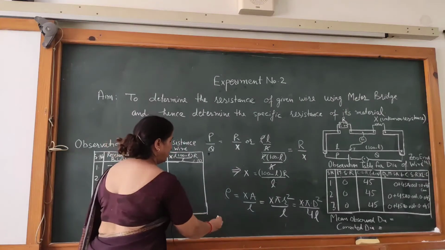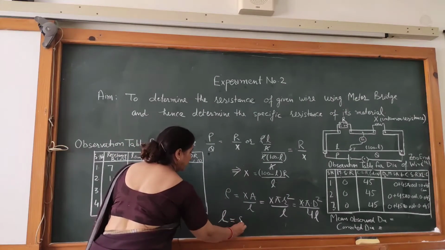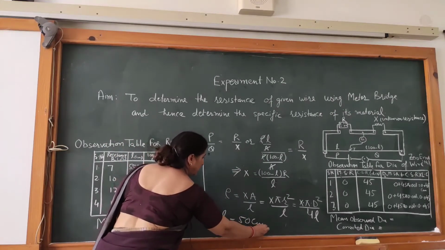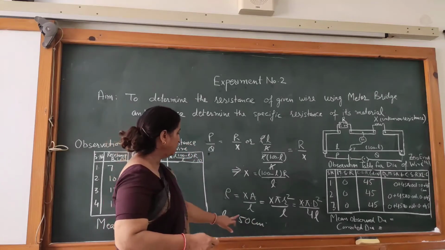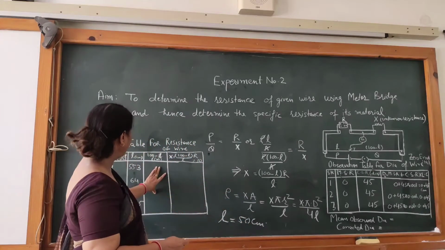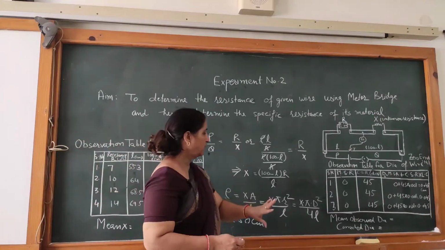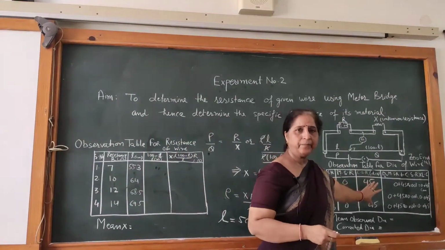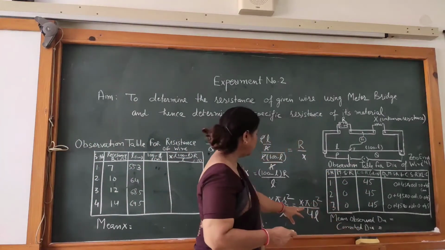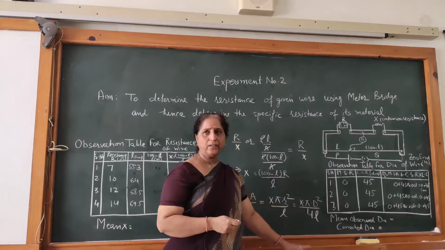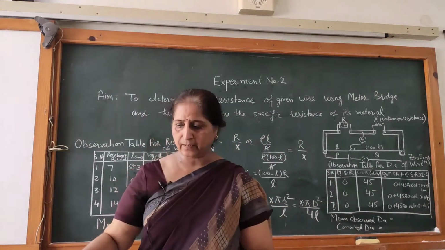Here suppose I take the length of the wire as 50 centimeter. So length is known, resistance will be known, and after doing the experiment diameter will be known. By putting these in this formula, you can find out the value of specific resistance.